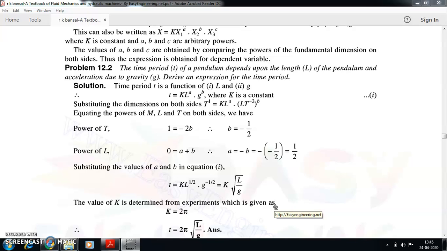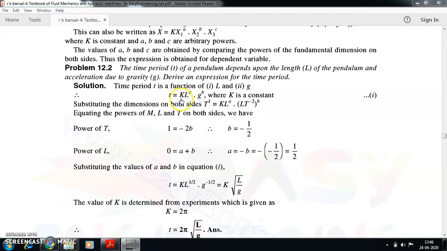So we want a mathematical expression for the time period, small t, and it is given in the question that the time period is dependent on two variables: one, the length of the pendulum, which is capital L, and the other, acceleration due to gravity, which is g. So let us see by the Rayleigh method how to get the expression.